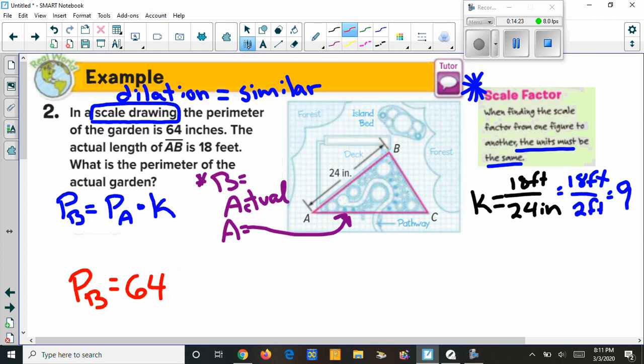I should have been saying multiplied by 9. This gives me an answer of, and I'm going to go and check this on my calculator, 576 feet.